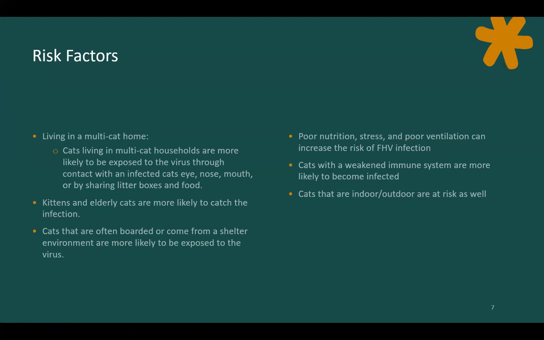Kittens and older cats are more likely to catch the infection. Cats that are often boarding or come from a shelter environment are more likely to be exposed to the virus. Poor nutrition, stress, and poor ventilation can increase the risk of FHV infection. Cats with a weakened immune system are more likely to become infected, and cats that are indoor-outdoor are at risk as well.